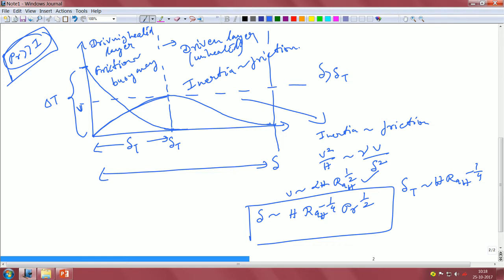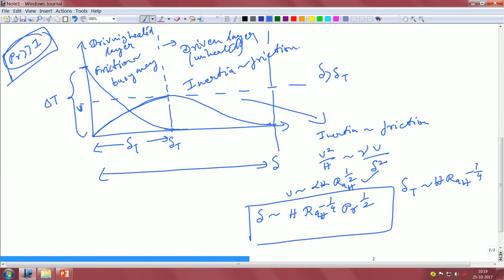If your Prandtl number is very high, you can see from this equation right here about delta, this velocity effect is felt for a very long distance, even though this layer may be very small. So, the driving layer is very small, but the driven layer can be quite large, depending on the value of your Prandtl number. If your Prandtl number is very high, it can be felt over a very long distance.